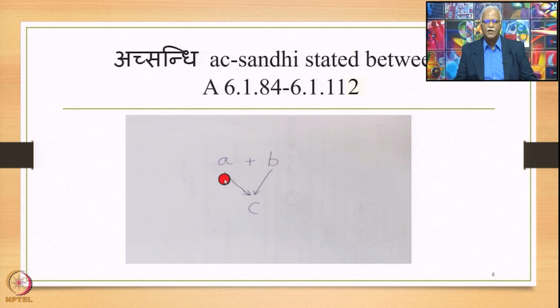A comes immediately before B and B comes immediately after A. This is how the Samhita and the environment gets expressed in this particular section. So A plus B is the input and the rule applies and the output is generated in the form of one substitute C.